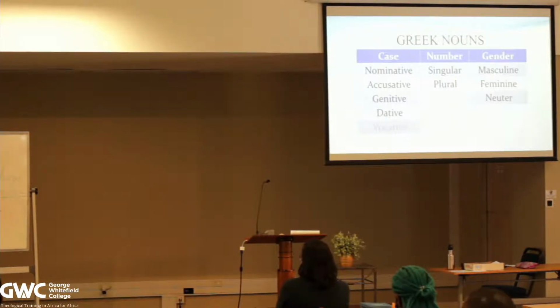Now, if it's dative, then how do I translate it? 2 or 4, don't I? 2 or 4 is how I translate datives. So, the sister says, to Jesus, comma, semicolon. Okay, now I've dealt with the first part, I can look at the second part.